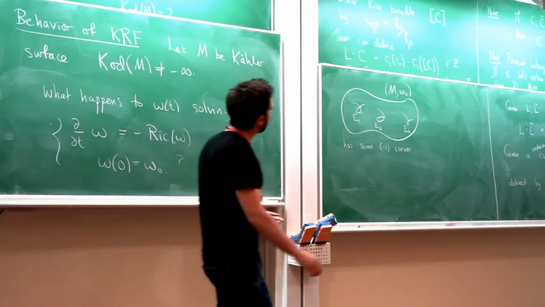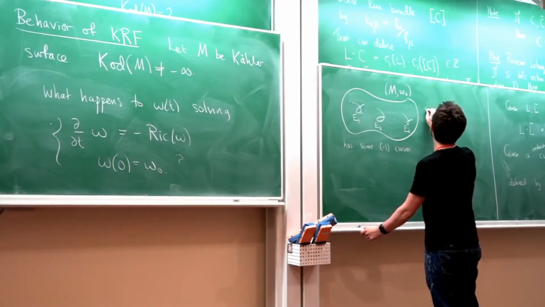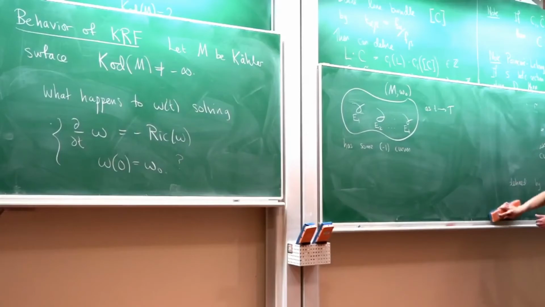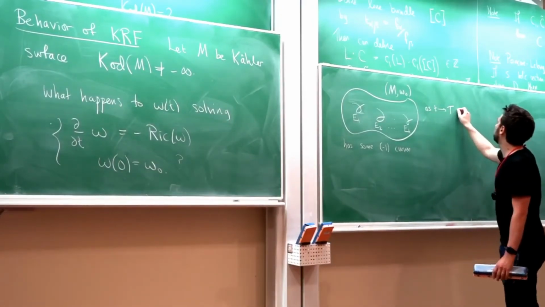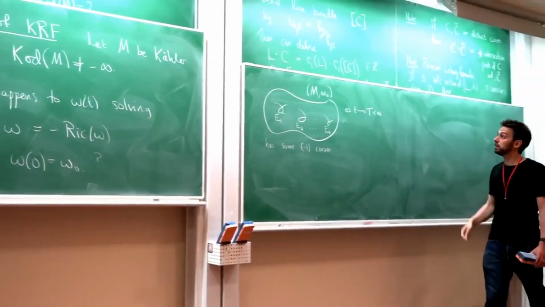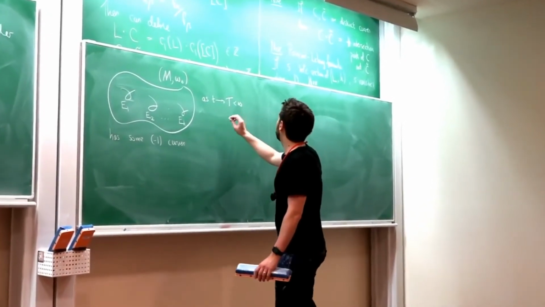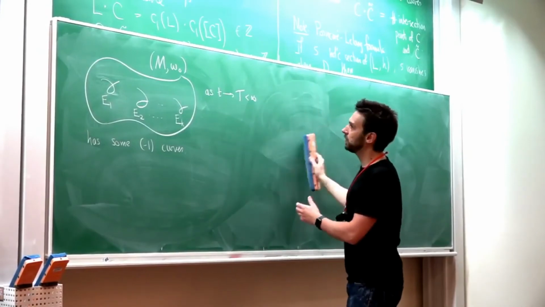Well, let me just say schematically what happens. As t goes to some finite time capital T, the Kähler-Ricci flow develops a singularity.